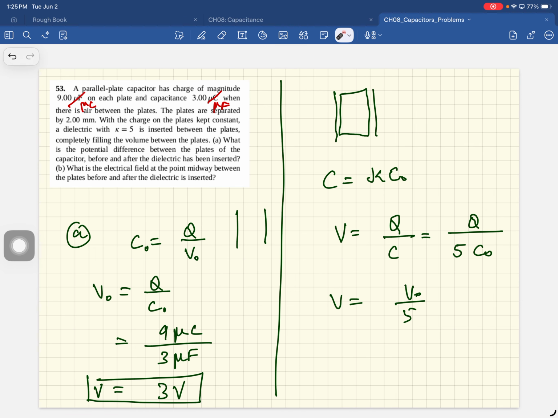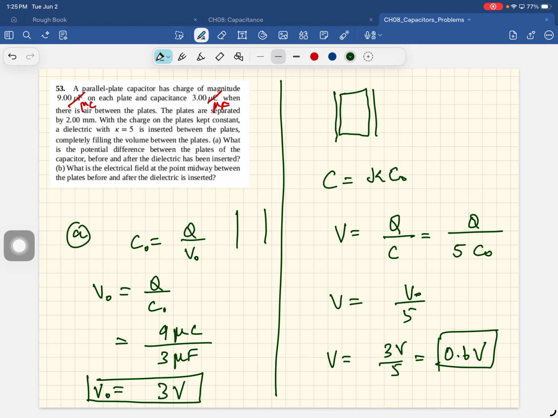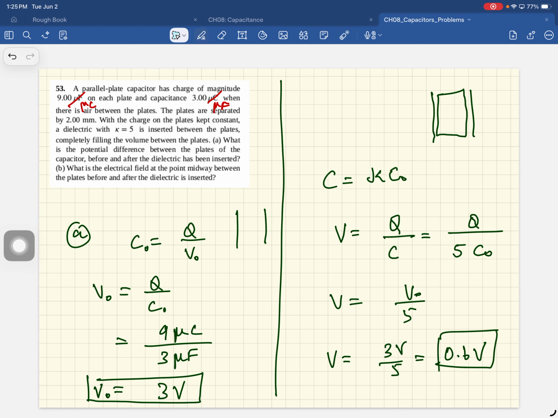And this is an easy configuration. If the area of the whole plate is A, the area of this one is A by 2, and the area of this one is A by 2, and the distance between them is the same. So we'll call this C1 and C2. C1 is kappa 1 epsilon naught A by 2 divided by D. C2 is kappa 2 epsilon naught A by 2 divided by D. The net capacitance is just C1 plus C2.